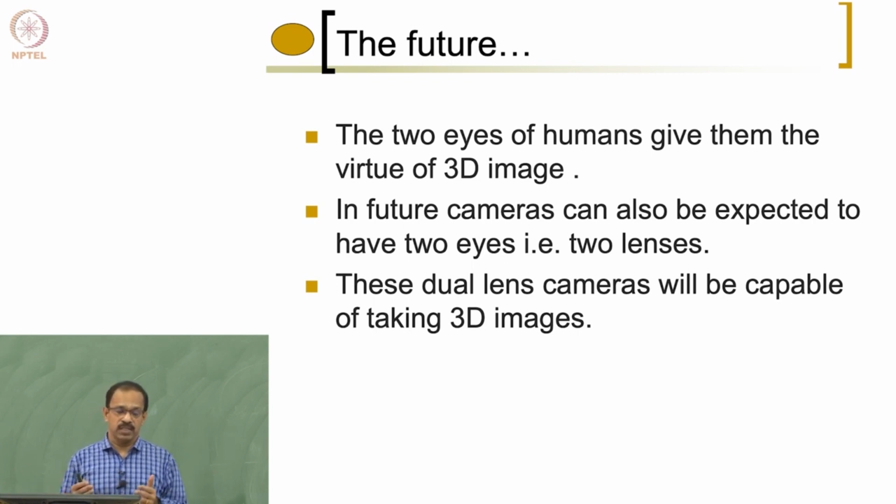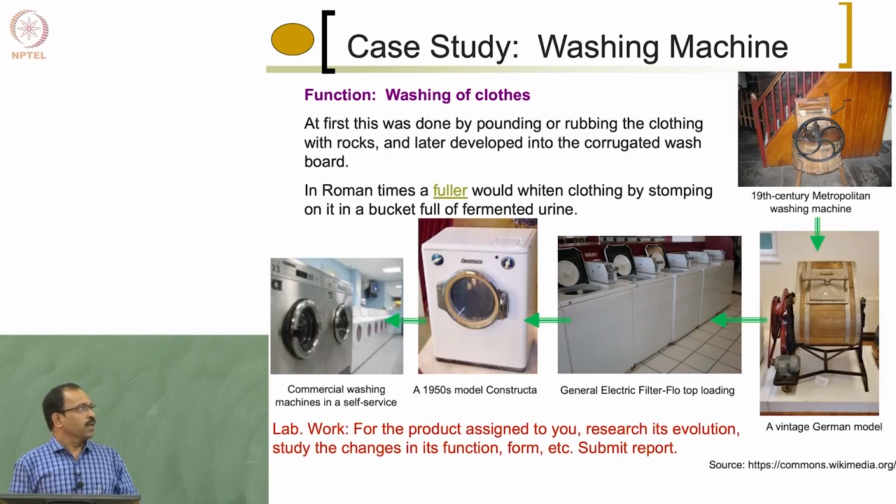Whenever you see a product, this is what you need to look for: what actually led to its invention or development, how the product grew over the years, and how it reached its current state. If you take any such product, you will see this kind of natural growth. Just to give you another example, we will not go into the details: a washing machine.